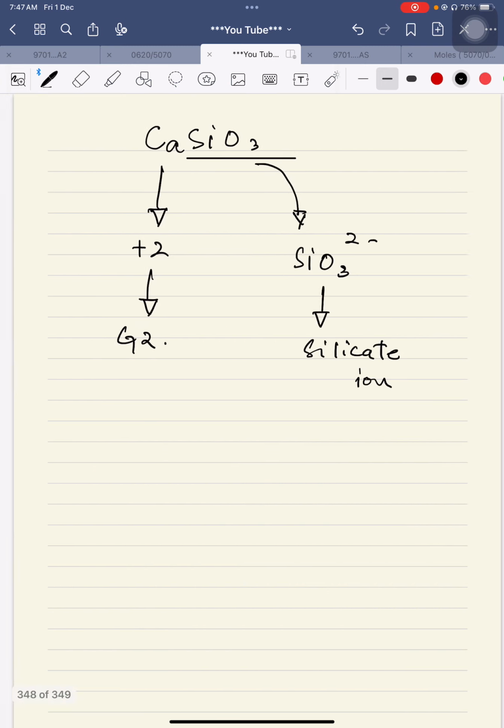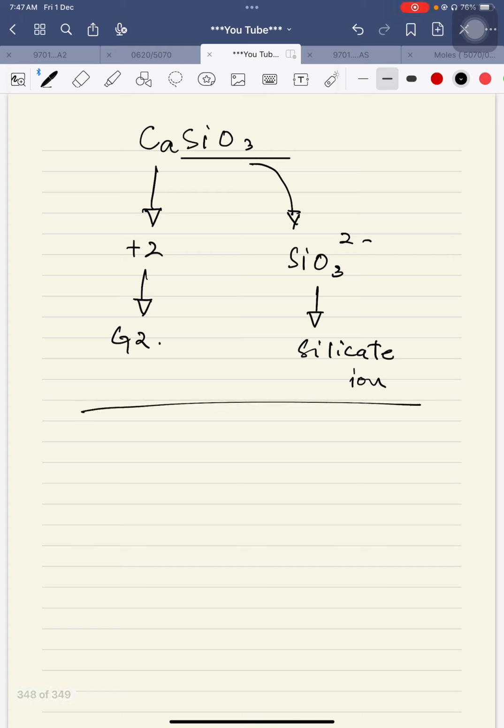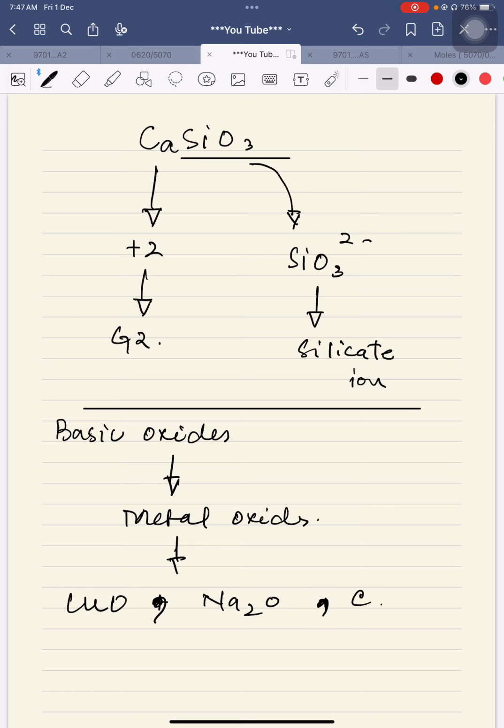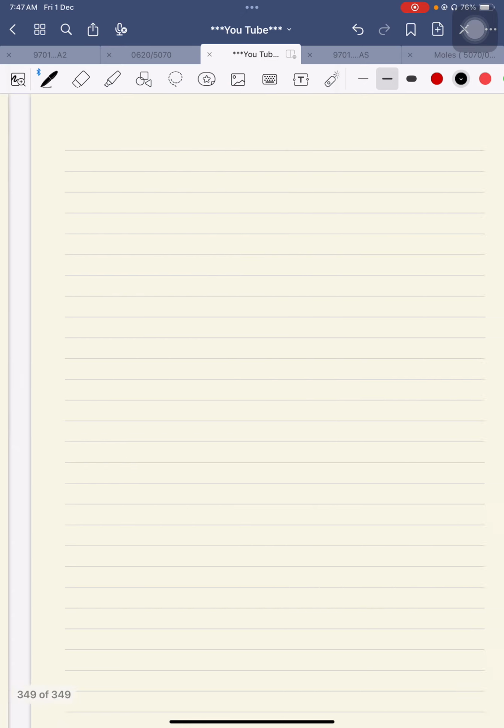Now I am taking you to the next topic, and that is called basic oxides. Basic oxides are the oxides of metals, basically. These are metallic oxides, you may say. Examples of metal oxides are copper oxide, Na2O and CaO, etc. Now there is a different property of basic oxides.